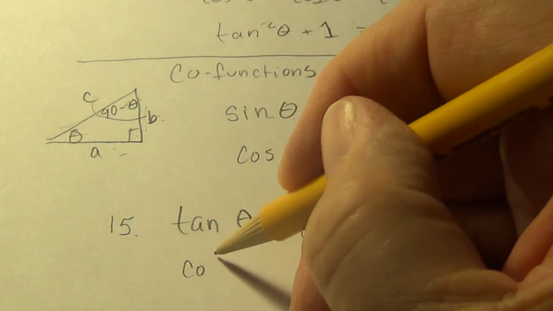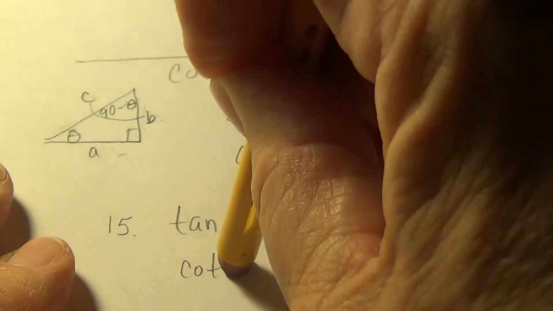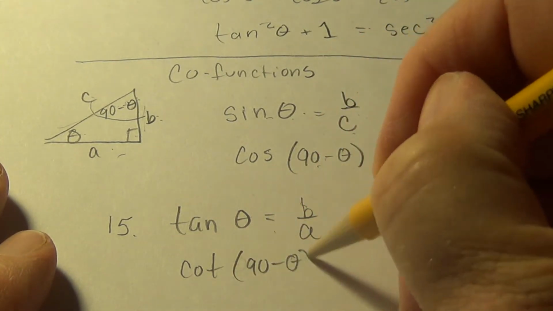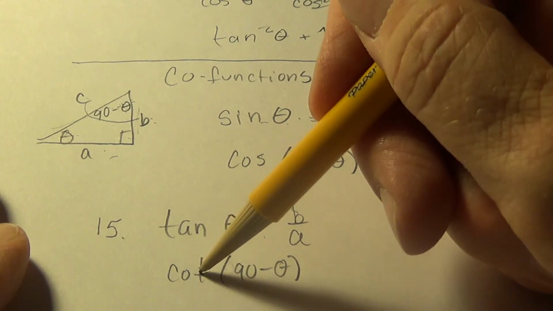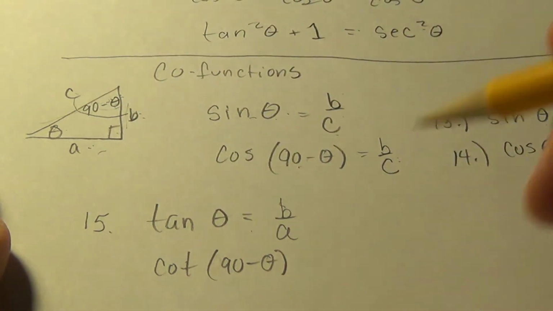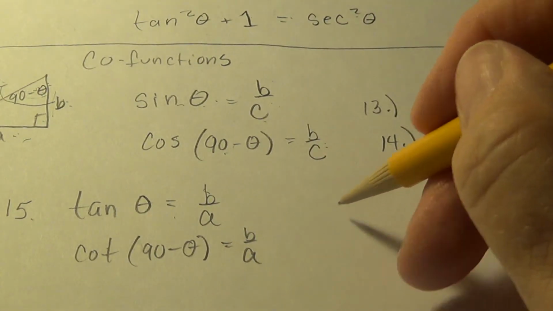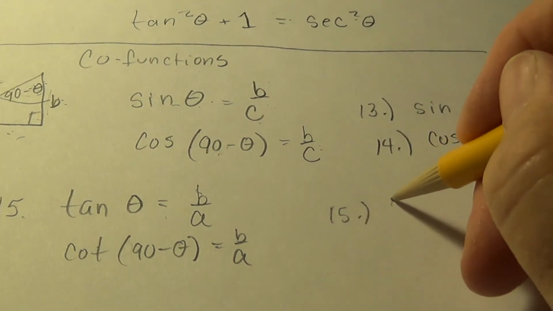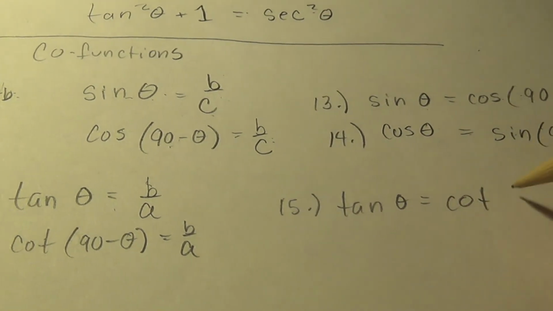And I was wondering, and now I know you are as well, what is cotangent of the other angle? So from this position, we want cotangent, which is adjacent over opposite. So it's b over a. Voila. Okay, so this leads us to the fact, number 15, tangent of theta equals cotangent of the other angle.